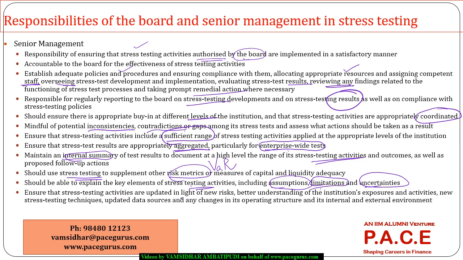Ensure that the stress testing activities are updated as and when the technology changes, as and when new risks come into the picture, as and when the company is exposed to newer kinds of risks. New exposures do come up, new clients come up, new activities come up.